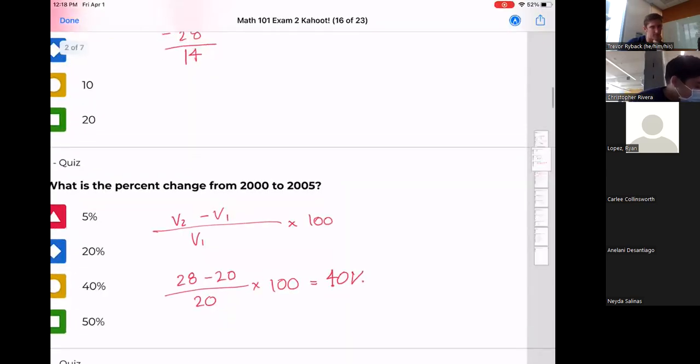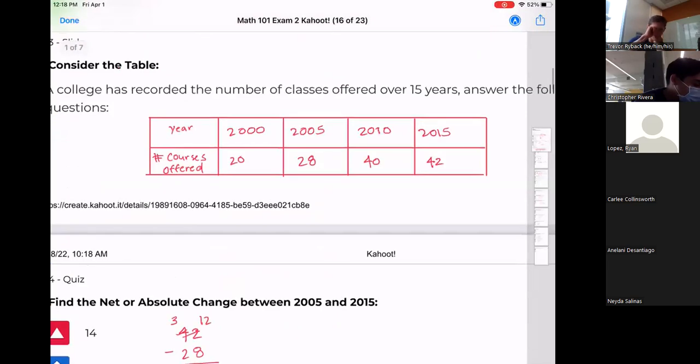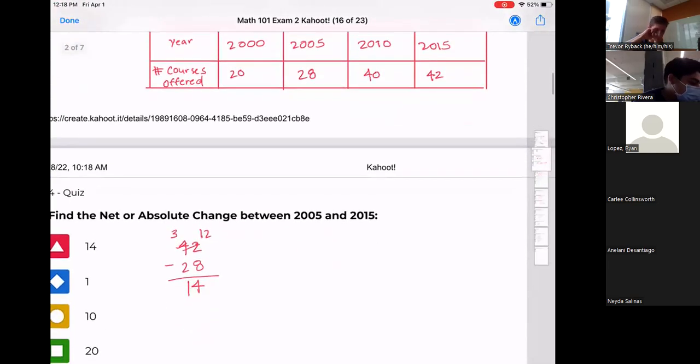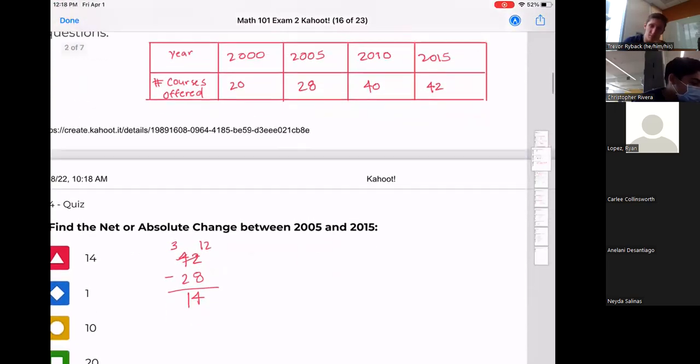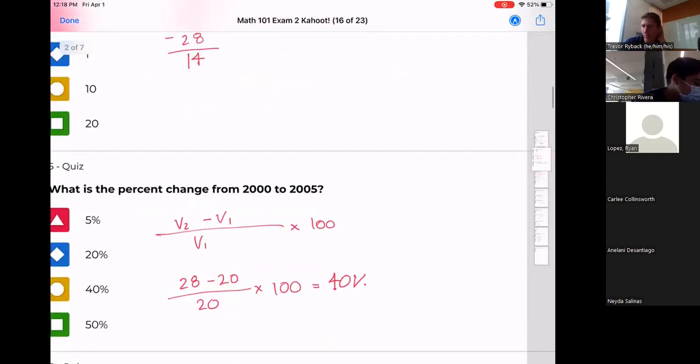Okay, so the percent change from 2000 to 2005. We know that in 2005 there were 28 courses offered, and in 2000 there were 20 courses offered.